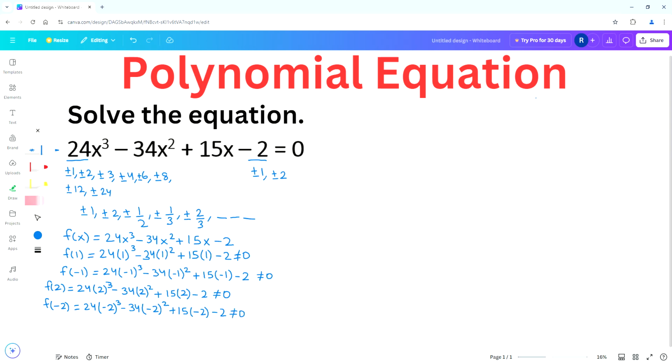That means x equals -2 does not work for us. Next we can try the x value 1/2.